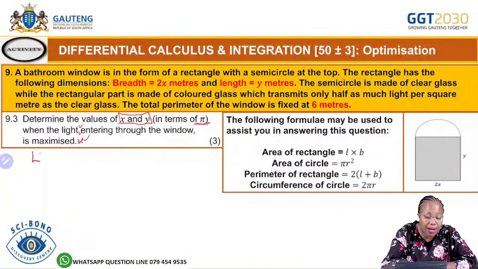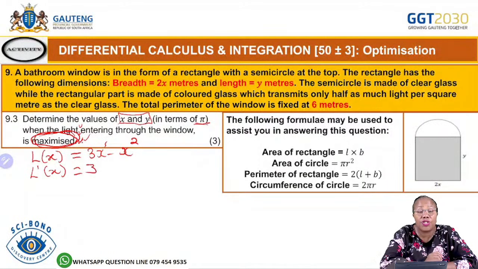Remember the maximum light formula is, say, L of x from the previous answer, that is 3x minus x squared. So if it is maximized, that means you need to differentiate this. Can you see a derivative is playing a major role? If it is to the power 1, you take coefficient 3 there. And then it's 2 times minus 1, that is minus 2x, 2 minus 1 is to the power 1.